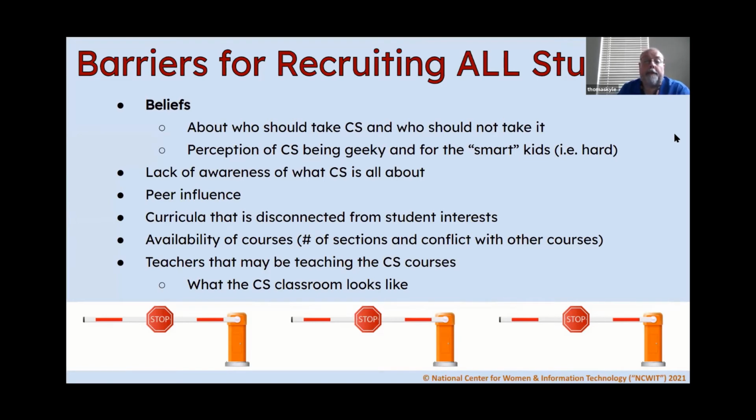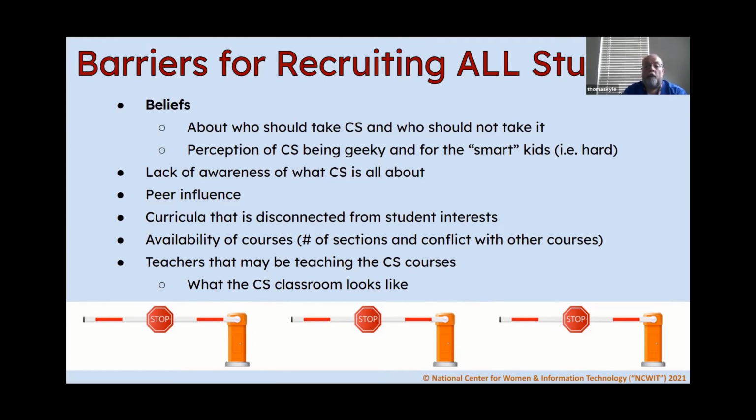Okay, first of all, just the preconceived beliefs, the preconceived notions that we have about who should and shouldn't take computer science classes. The perception that computer science is geeky, it's only for the smart kids, and it's hard. There are even computer science people that believe that, sometimes in an arrogant way.